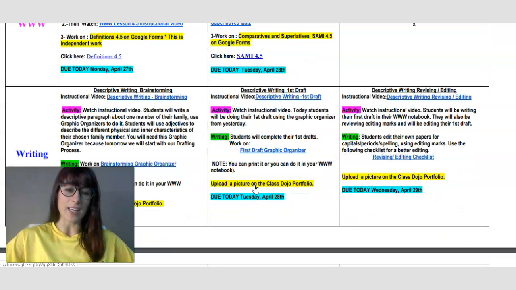Now for writing, everyone, I hope you finished your brainstorming graphic organizer. Remember, in your brainstorming graphic organizer, you had those 4 boxes, right? You had one about what the member that you picked looks like, what feelings that person has, and then you needed to talk about the activities and favorite food.